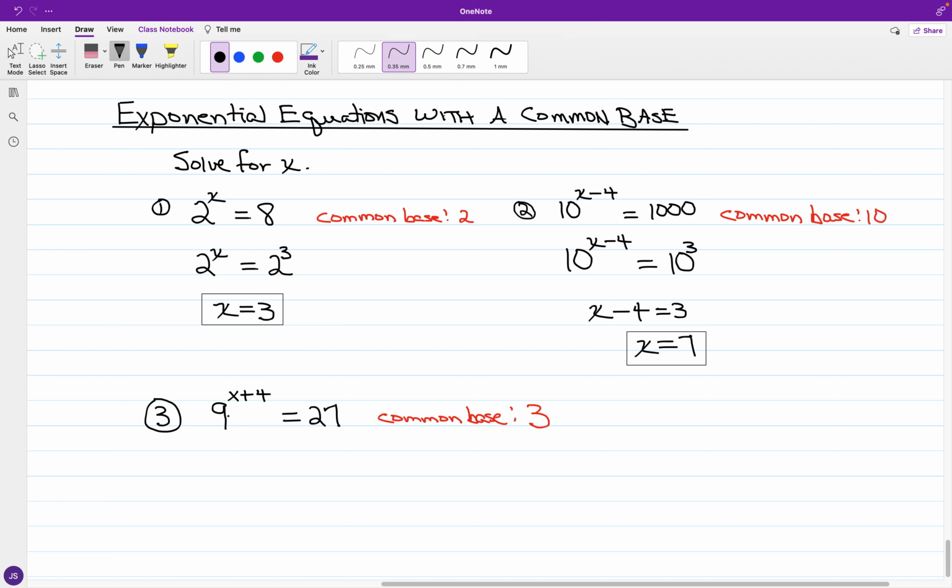If I convert both 9 to the x plus 4 and 27 into base 3, 9 is 3 squared, so 9 to the x plus 4 is going to be 3 squared to the x plus 4. And 27 is going to be 3 to the third.